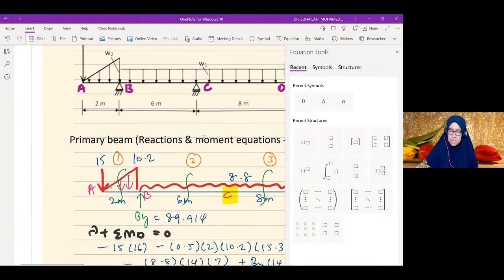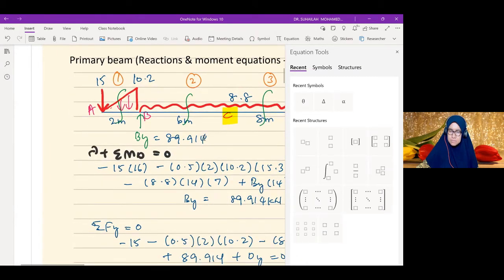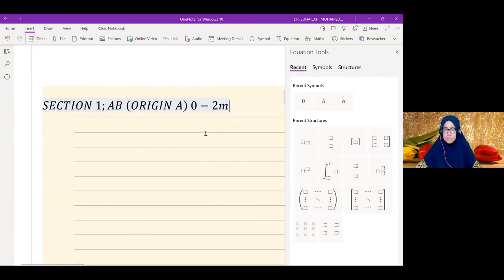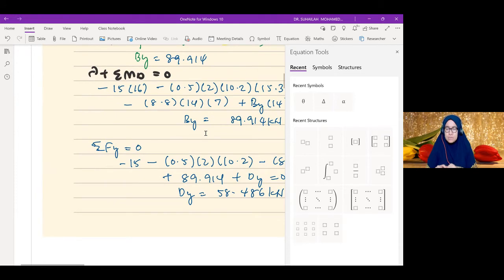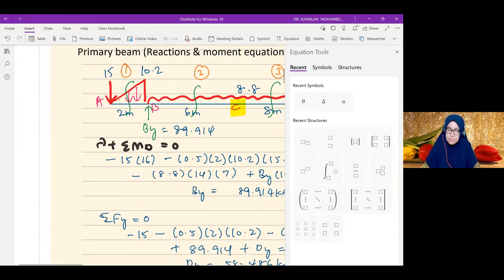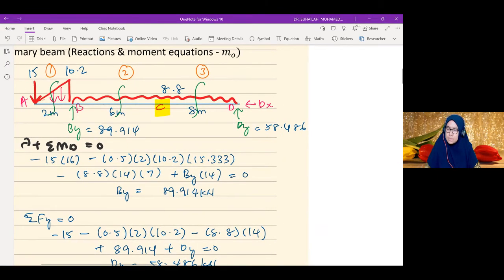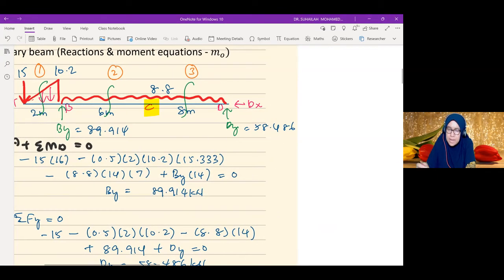So we draw the section. Okay, what about the section? The section is like this.